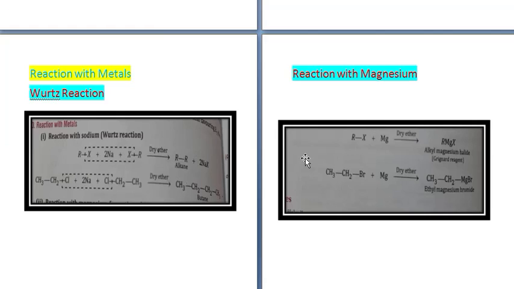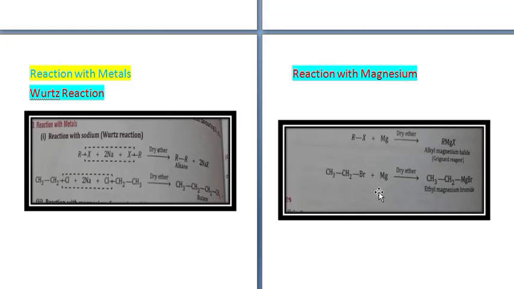Next is reaction with magnesium. The reaction with magnesium results in formation of Grignard's reagent. When RX combines with magnesium in presence of dry ether, it gives you RMgX, alkyl magnesium halide, which is also called Grignard's reagent.